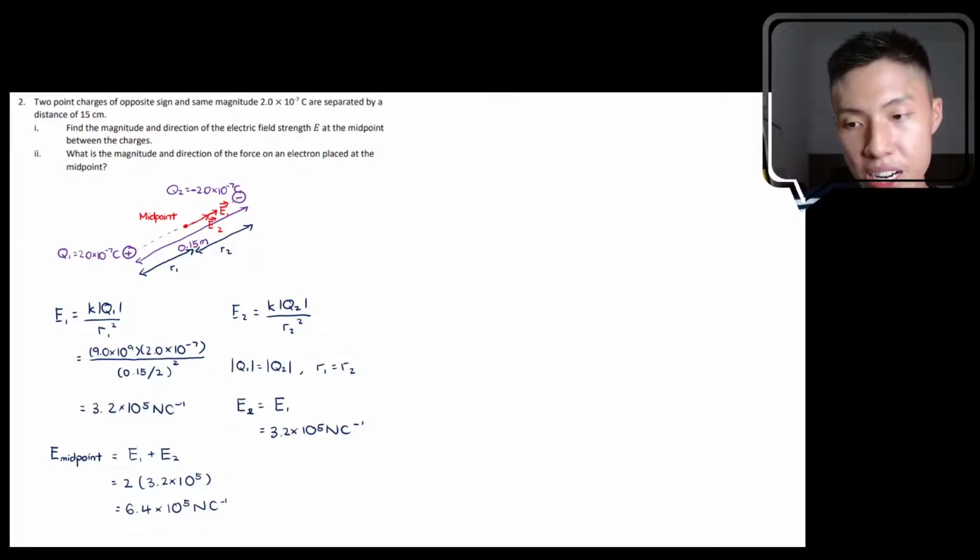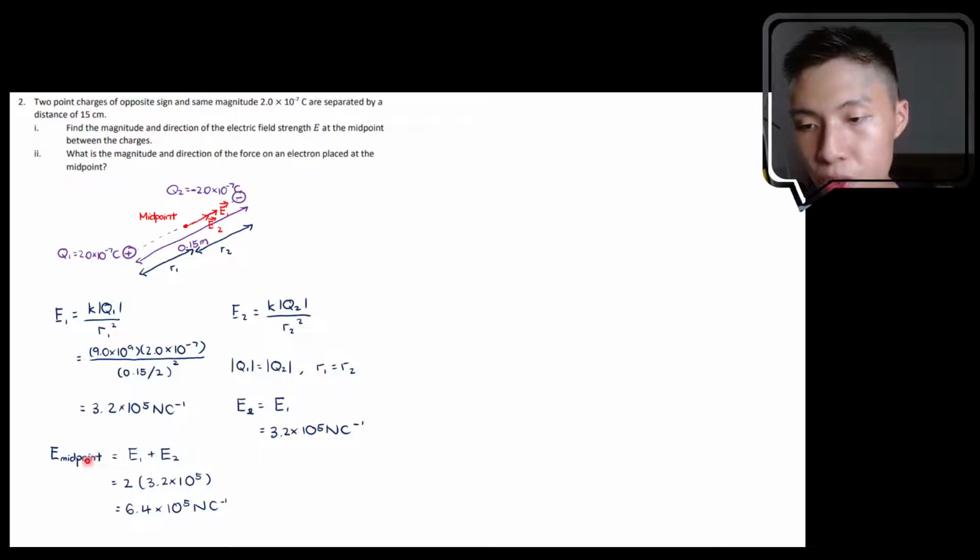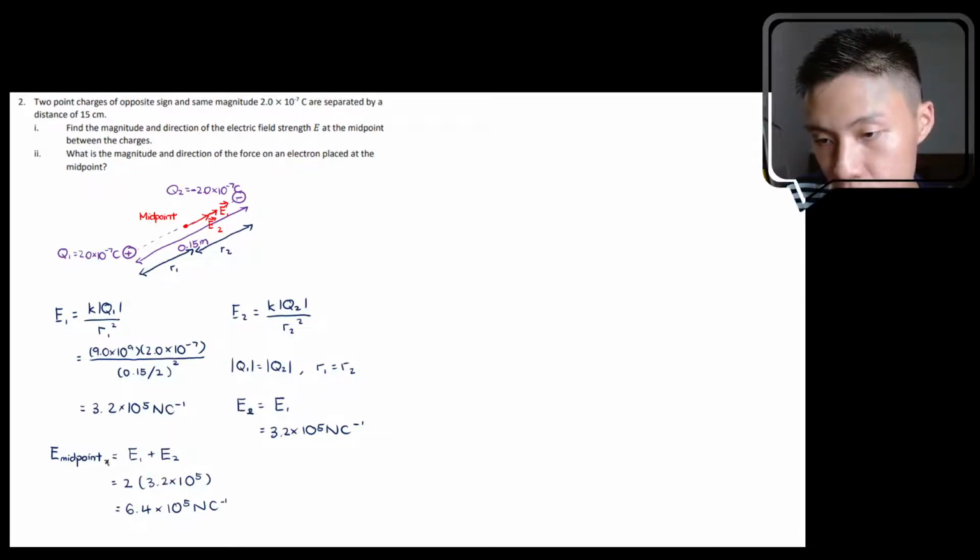How about the direction? Okay, if you think about it, actually there's a possibility that this answer can be negative. I mean, for this E midpoint over here, let's say if E1 and E2 are in opposite directions, then it will be negative E1 plus E2, or it will be E1 minus E2. Then there's a possibility it might be negative. So actually what you should be doing here is labeling this as the x component. Let me write it nicer.